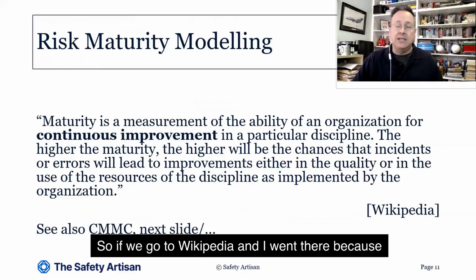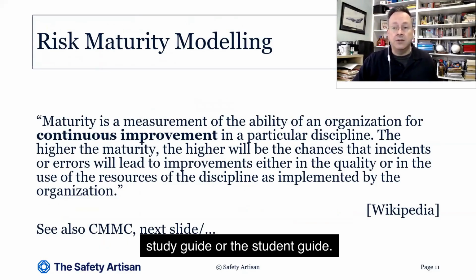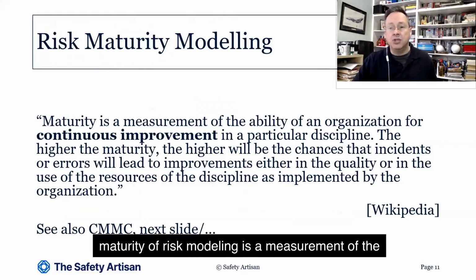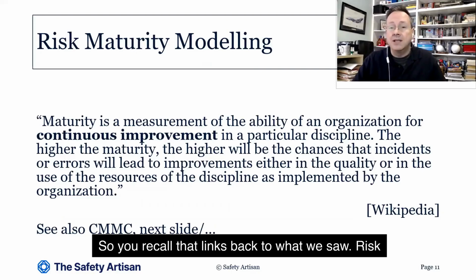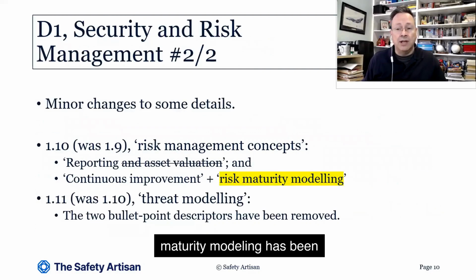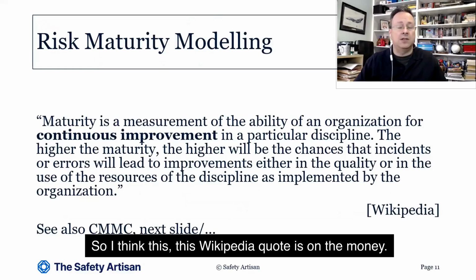So if we go to Wikipedia, and I went there because there's no mention of risk maturity modeling in the study guide or the student guide, it says that maturity of risk modeling is a measurement of the ability of an organization for continuous improvement. You recall that links back to what we saw: risk maturity modeling has been added to continuous improvement. So I think this Wikipedia quote is on the money.